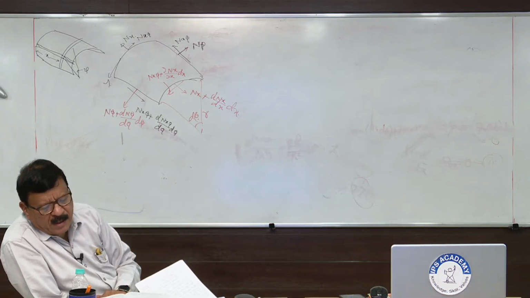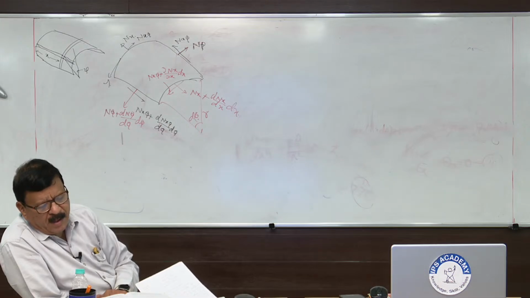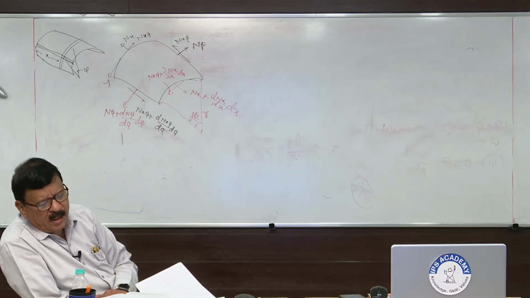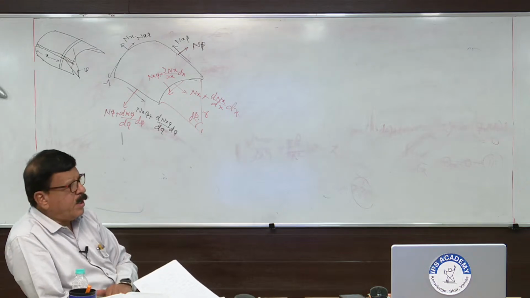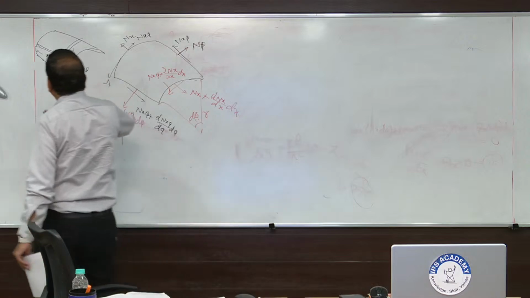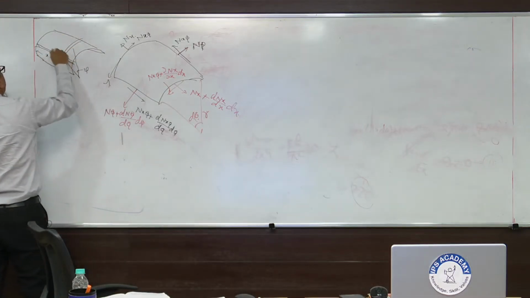An element is cut from the shell by two adjacent generators. These are the generators.